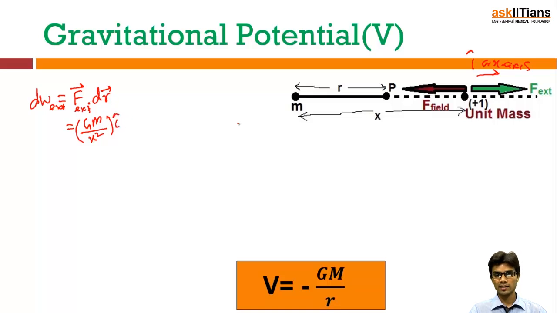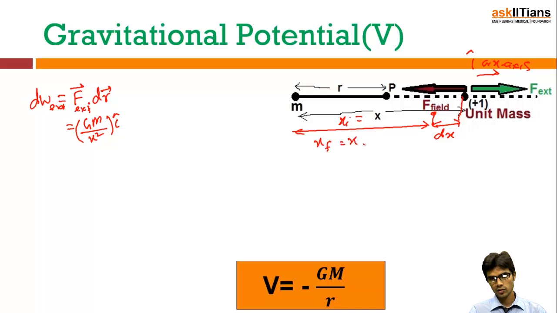The initial position is xi equal to x. Let us consider this mass moves from here to here. The new position is this, so this is the dx. This position can be written as xf equal to x minus dx.